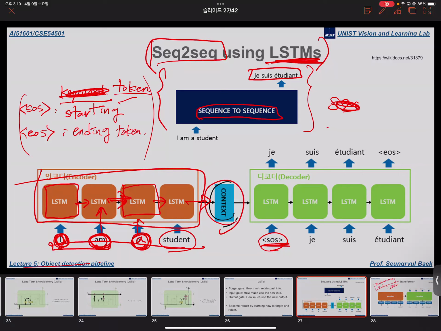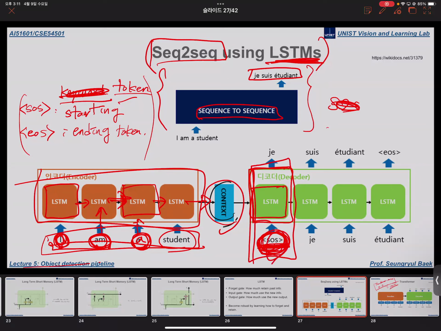After encoding the feature from the overall input sentence, you input this starting token to the LSTM of the decoder. At first, you don't have any output from this decoder, so you just input this SOS to the decoder, and then the decoder will output the first word of this French sentence. It only outputs this first word.